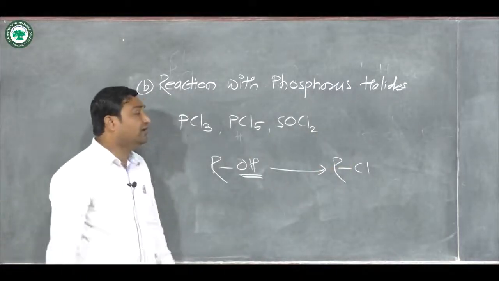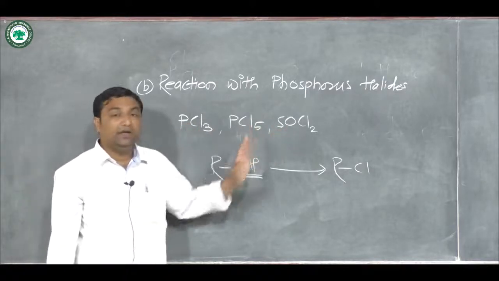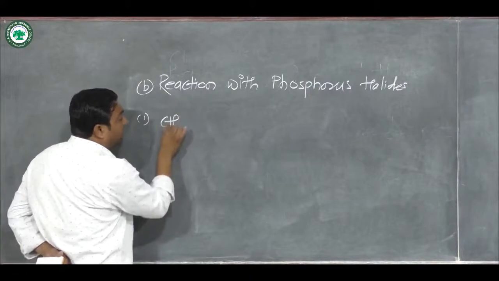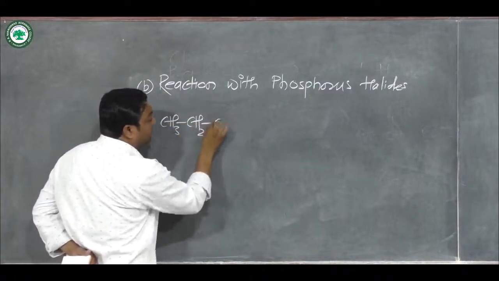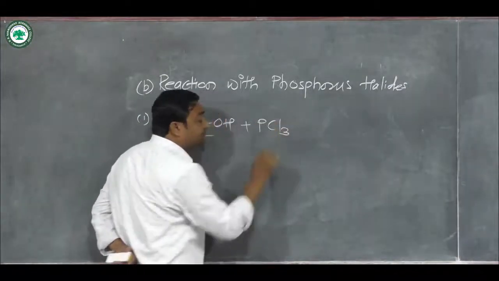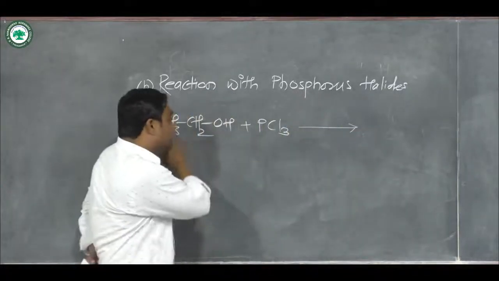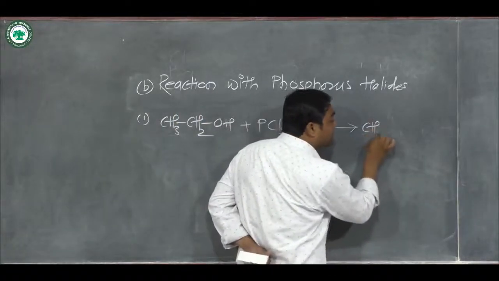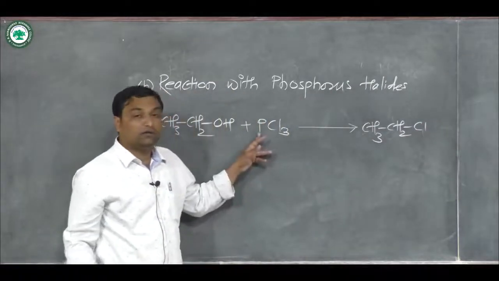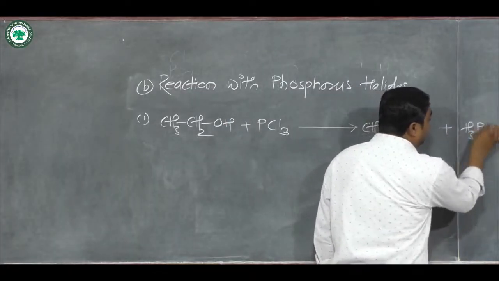Now we have to take one by one an example of PCl3, PCl5 and SOCl2. When ethyl alcohol is treated with PCl3, we will obtain CH3CH2Cl, that is ethyl chloride, as a product with the formation of H3PO3.